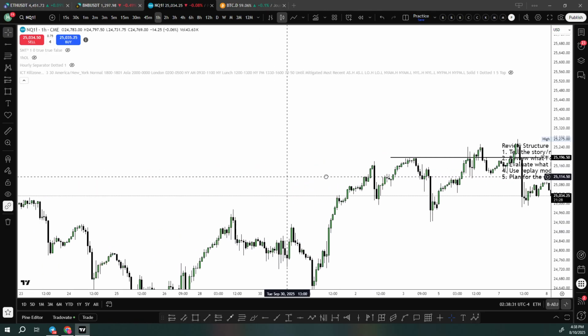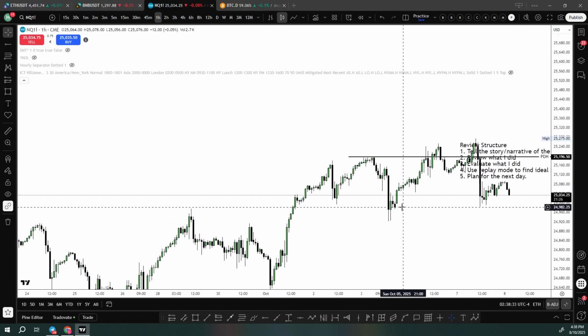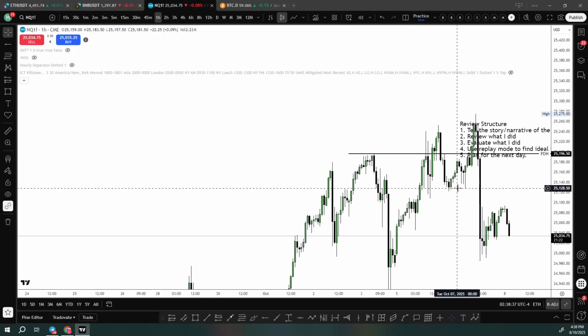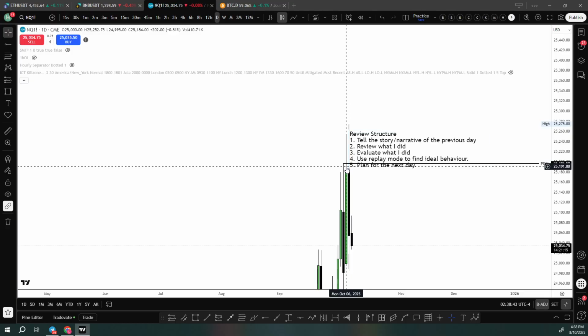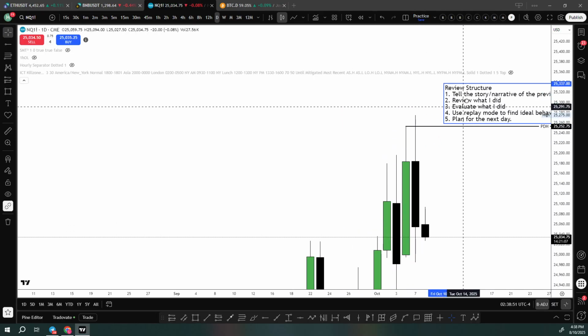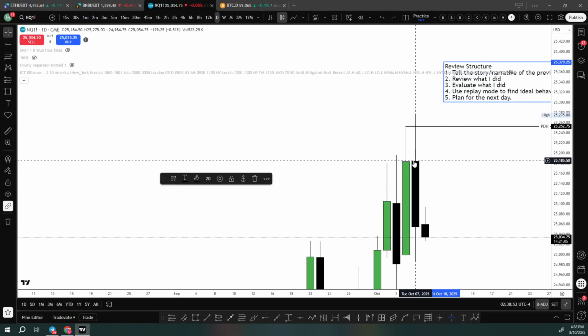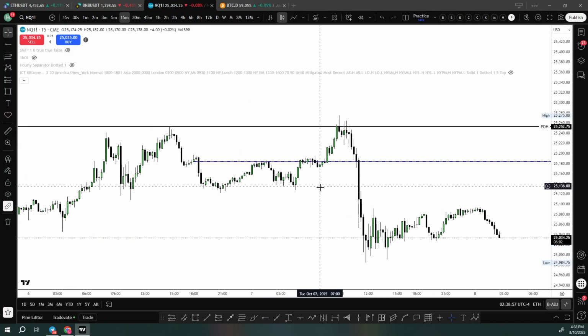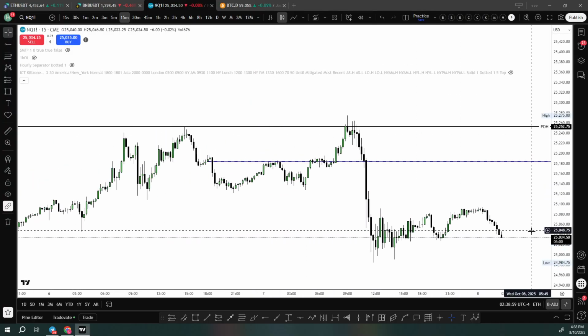Take a look at the hourly. Sorry, I want to do Monday's high. Right, so we're reviewing Tuesday's price action. So we got Monday's high. All right, cool. On the chart.